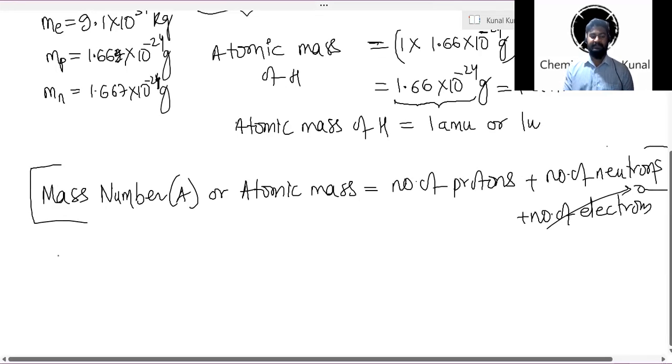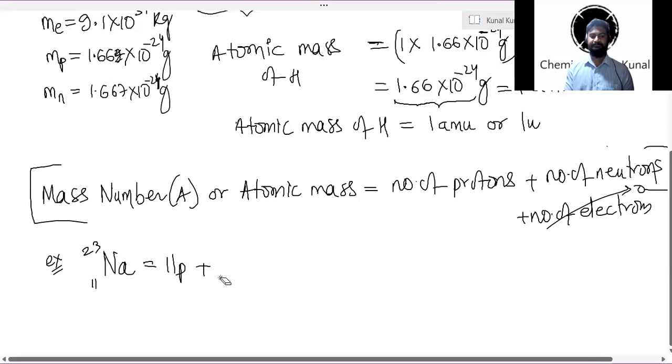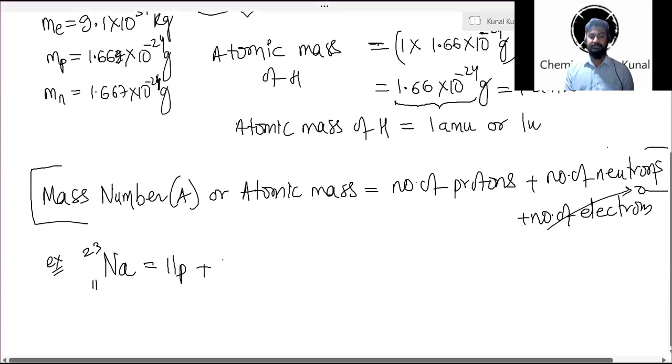Okay, so let's take another example. Sodium. What will be its mass? Sodium has 11 protons, 12 neutrons, and 11 electrons. Will I consider the mass of the electrons?